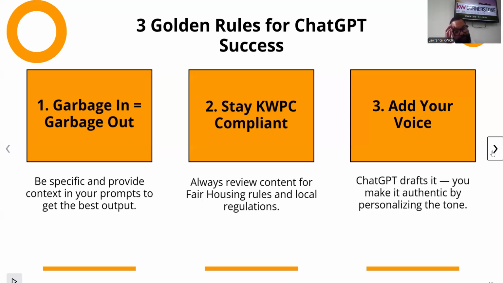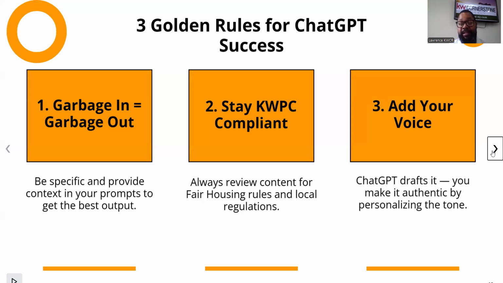Okay, so, three golden rules for ChatGPT success. Number one rule is garbage in equals garbage out. What it's saying is to be specific and provide context in your prompts to get the best output. Like I said, the more specific you are, the better it can help you. If you're very general and broad and don't know really what you want to ask it, it's not going to be able to give you exactly what you want.